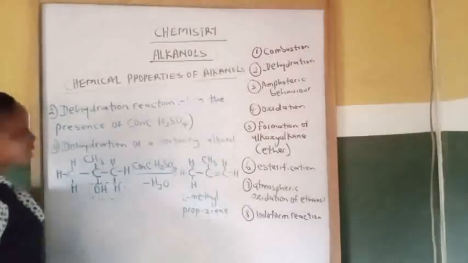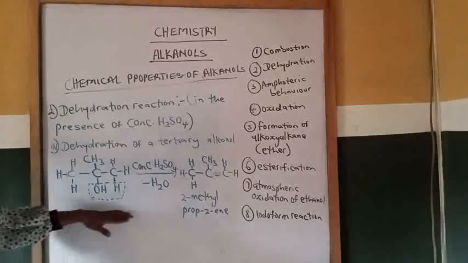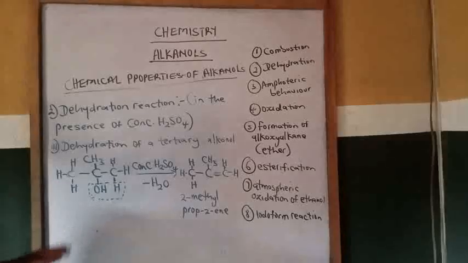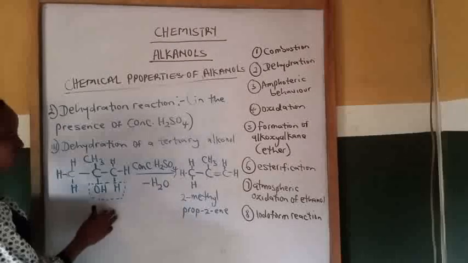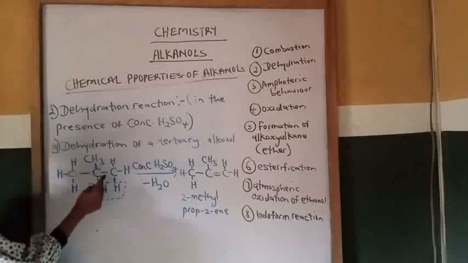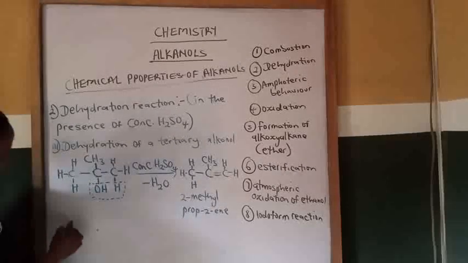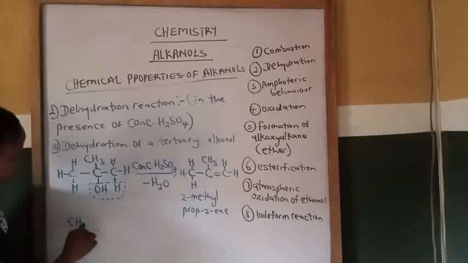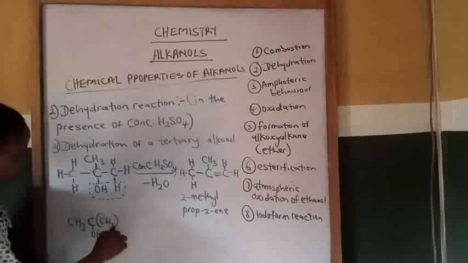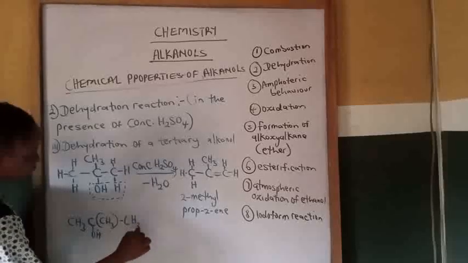So that is the product of dehydration of a tertiary alkanol. Then you can turn this structural formula yourself to molecular formula. Let's turn this one to molecular formula. That's CH3 C(OH)(CH3) CH3.